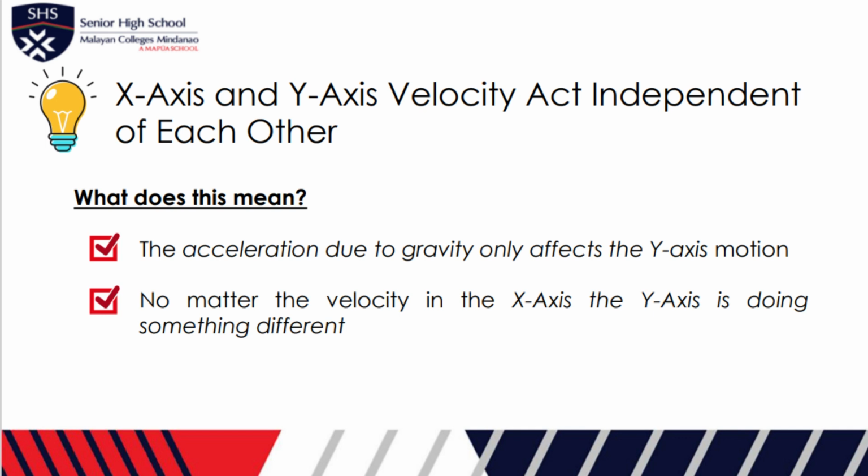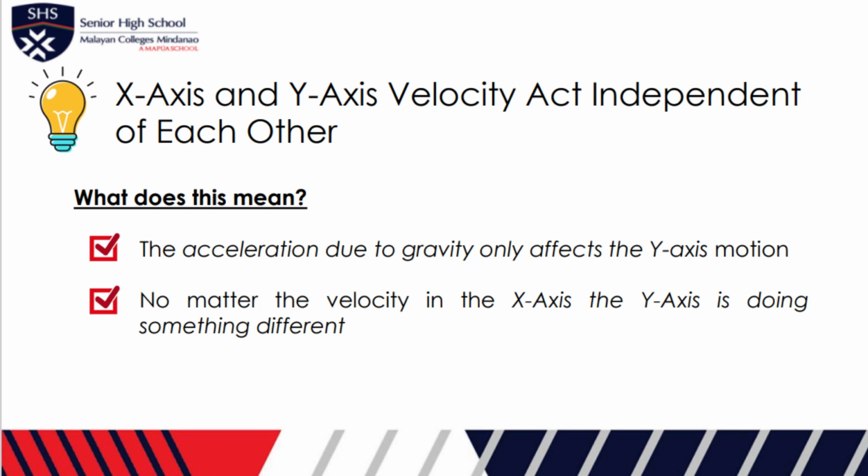It means that the acceleration due to gravity only affects the y-axis motion, as gravity is only concerned with the y-axis. And no matter the velocity in the x-axis, the y-axis is doing something different. Therefore, in solving projectile motion, the x-axis and y-axis are independent of each other.